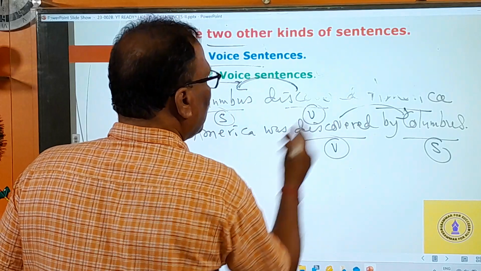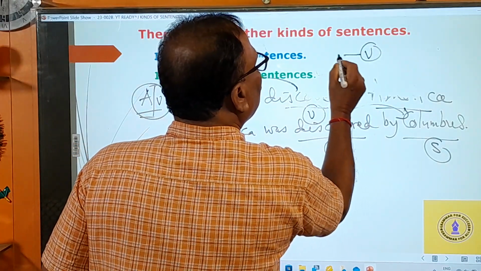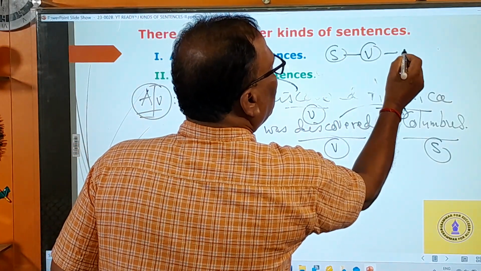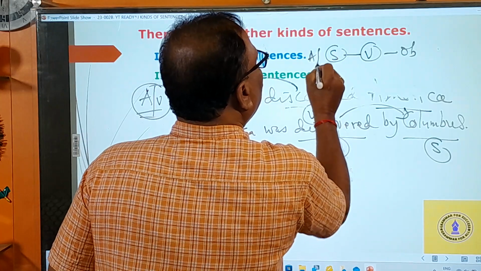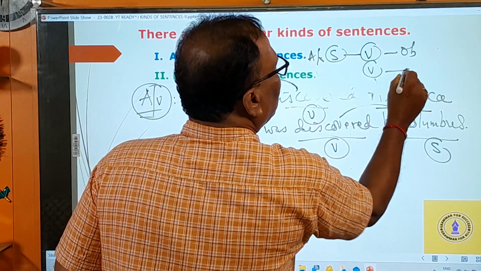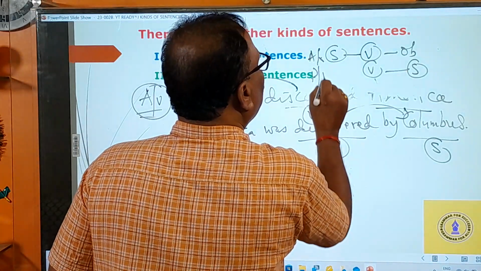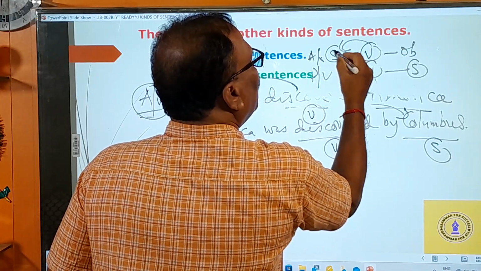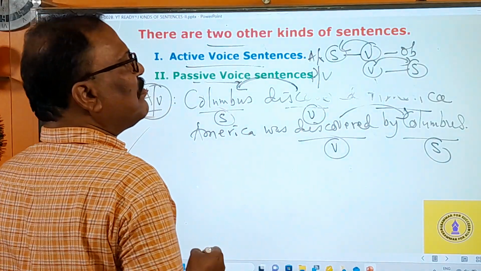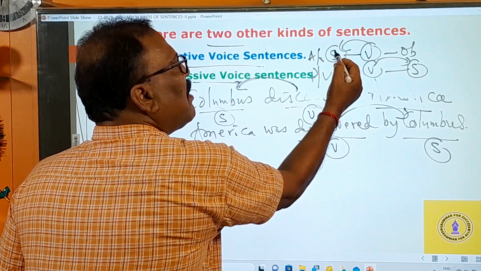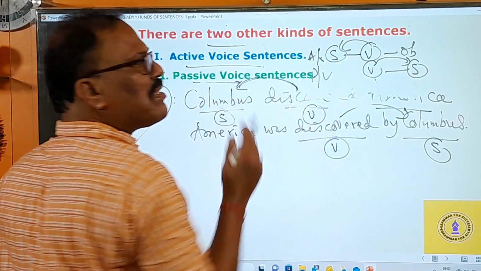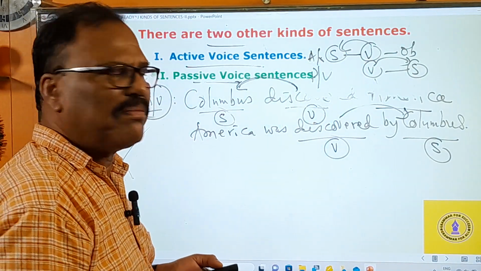I'll give you a diagram. Subject, verb, object: this is active voice. Verb, subject: passive voice. Before the verb, after the verb. Subject is before the verb, active voice. After the verb, passive voice. That's enough. Very simple.